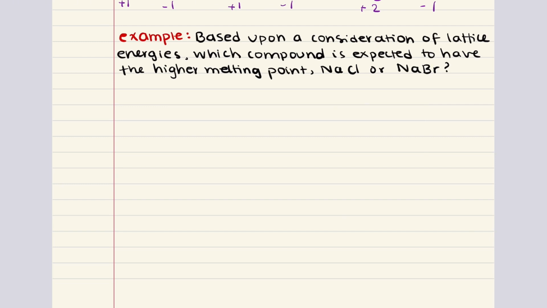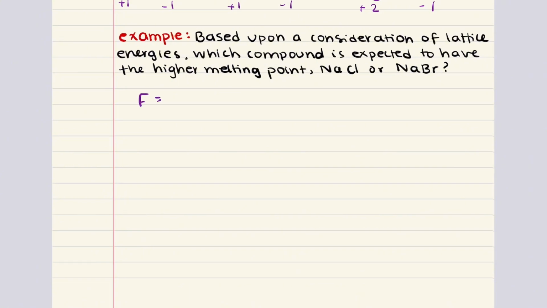And so we're going to use Coulomb's law to predict which ionic compound has the greater lattice energy. We always consider two things here: ionic charge and ionic size. We're going to start with ionic charge. Since charge has a greater impact on lattice energy than size, you should always begin by considering ionic charge.